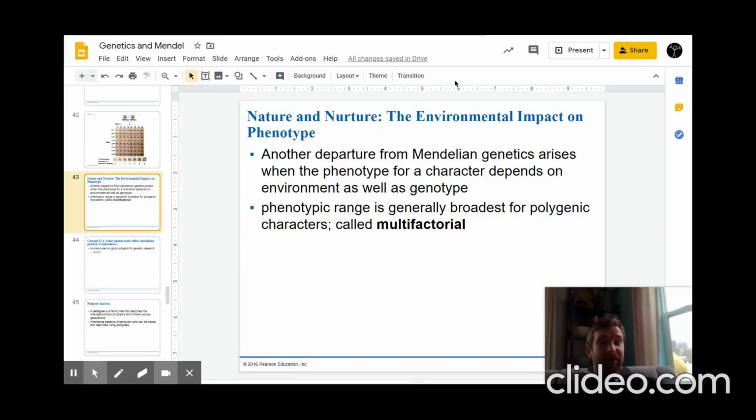Not everything is inherited, however. One other component is that we have environmental influence on our genes, and we have probably the best evidence for this in the case of identical twins. We all know some identical twins.